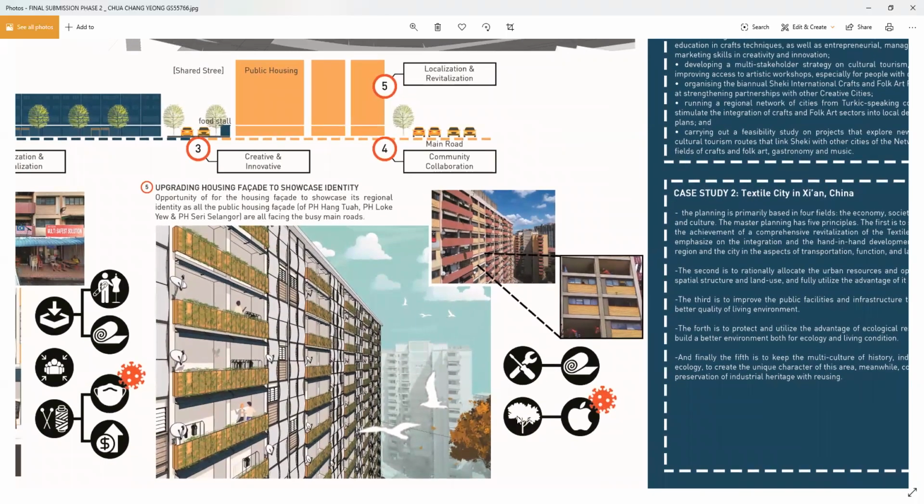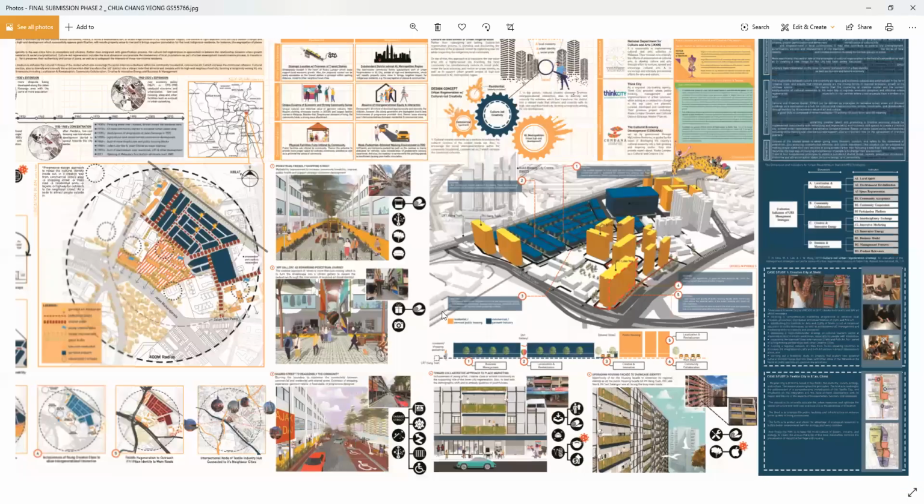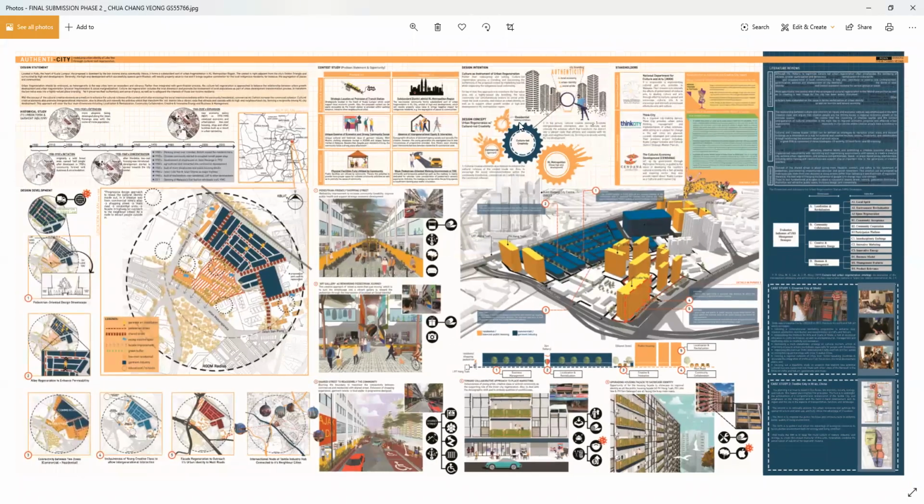Besides that, we know that the residents love plants. So we could have some vertical farming or balcony farming areas for them to produce their food, especially during the pandemic. So that will be all for my design.